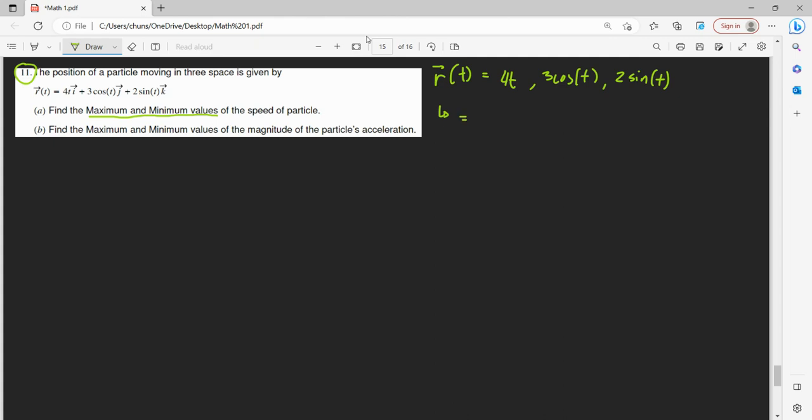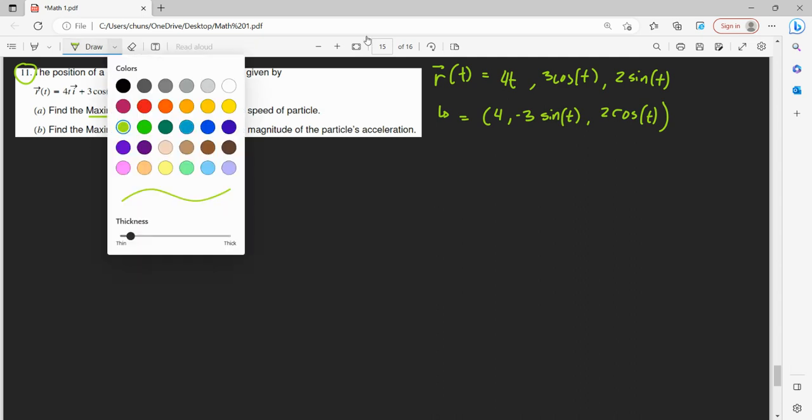So that's going to be 4, negative 3 sine t, and 2 cos t. All right. So now that we have velocity, we can find speed.